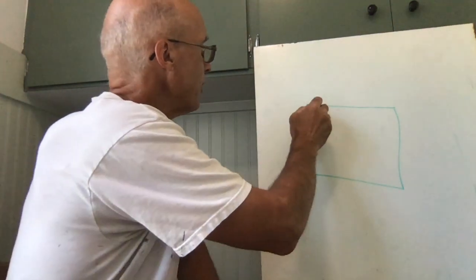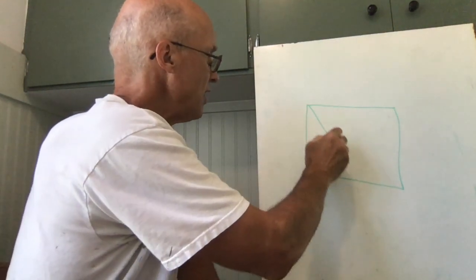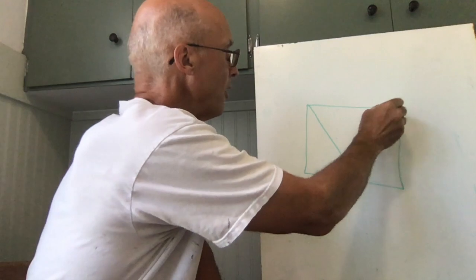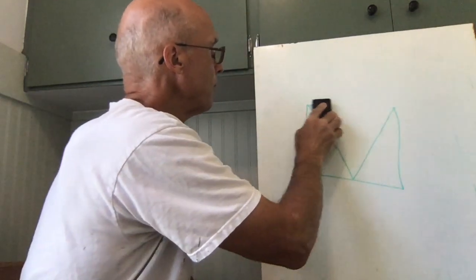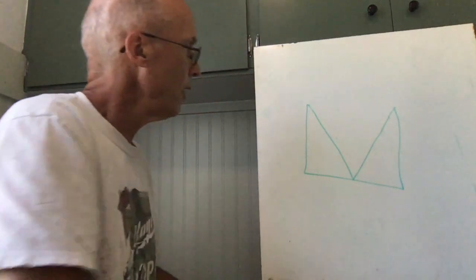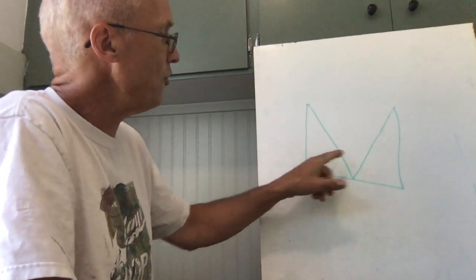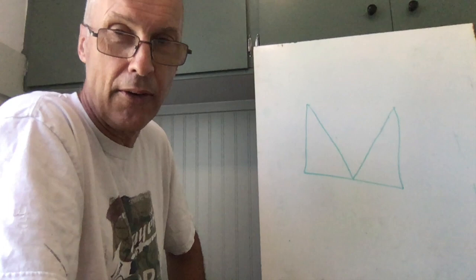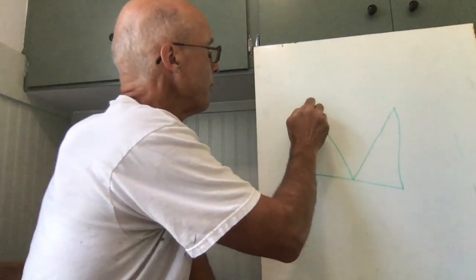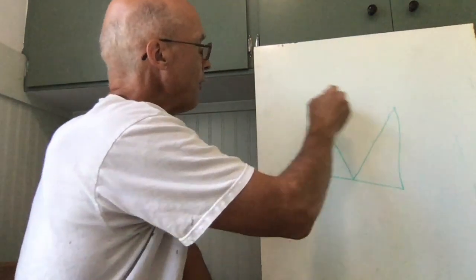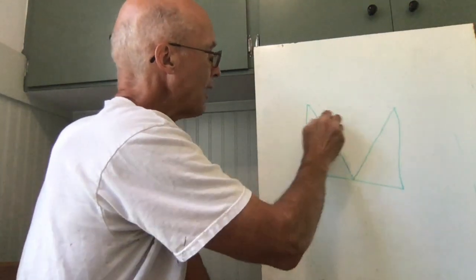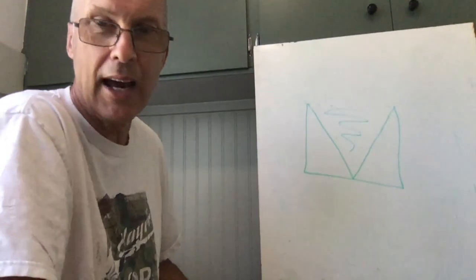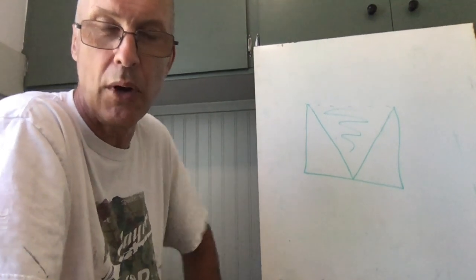But if we had something like this and we had a piece taken out like this, well, in this case, you could do the two triangles and just add them together. Or we could figure out the area of the entire rectangle and subtract this triangle. It kind of depends. Sometimes it's easier to do one, sometimes it's easier to do the other.